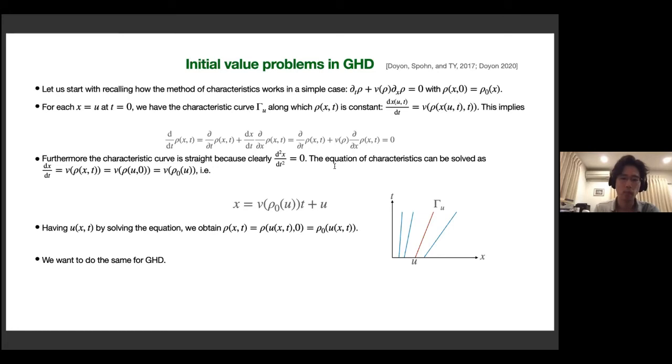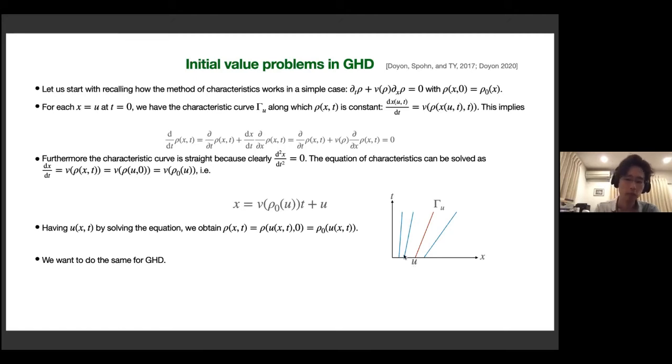Now you can solve this equation of characteristics by invoking the fact that rho is transported in a very simple way along the characteristic line, and you end up with this kind of equation. Here u is just the initial point, so you can draw a bunch of characteristic lines for any arbitrary position u.